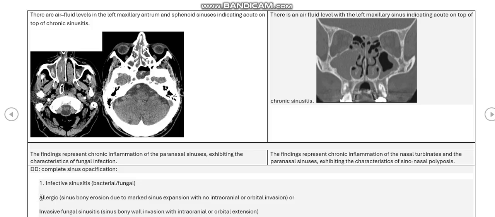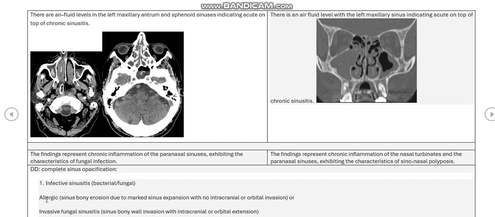The chronic allergic fungal sinusitis will show no invasion, no bony invasion, no intracranial or intraorbital invasion. However, its main problem is the marked sinus expansion and bony thinning and bony erosion.